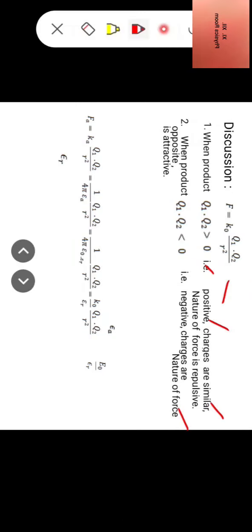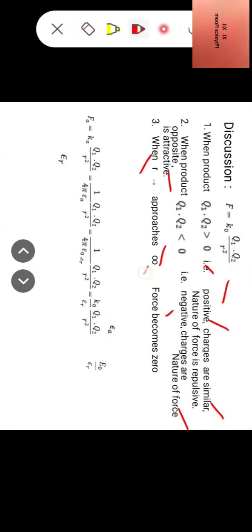Second point, when product Q1 Q2 is less than 0, that is negative, charges are opposite in nature and the nature of force is attractive. Third point, when R approaches infinity, force becomes 0.